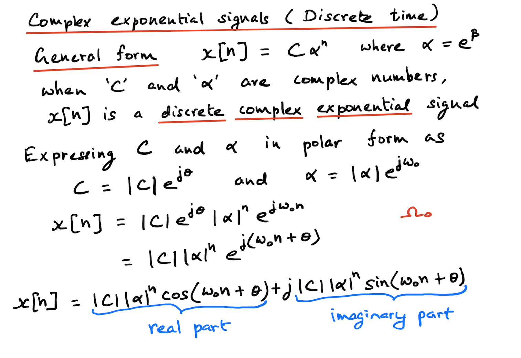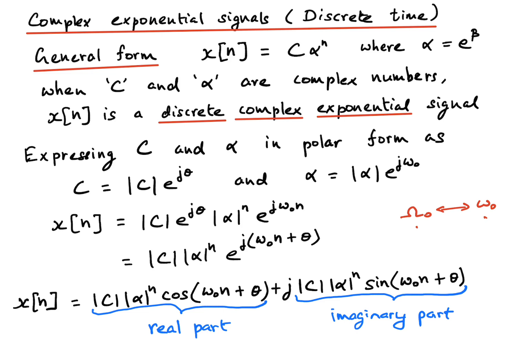If you notice, in the previous lecture for the discrete case, I denoted the frequency as omega naught, and it's the same as omega naught. Only when we have to deal with the discrete and continuous case in the same problem, to distinguish the discrete frequency from the continuous frequency, we will use different notations. But when that distinction is not needed, then we'll simply use the small omega naught.